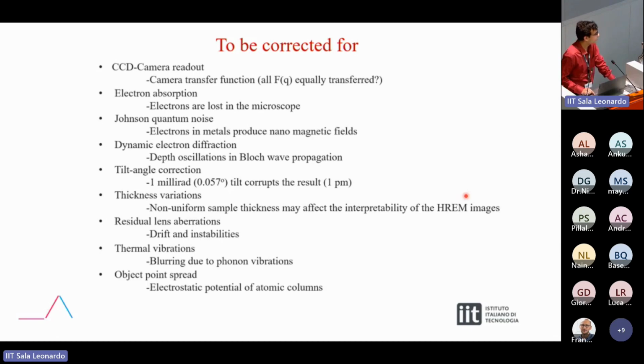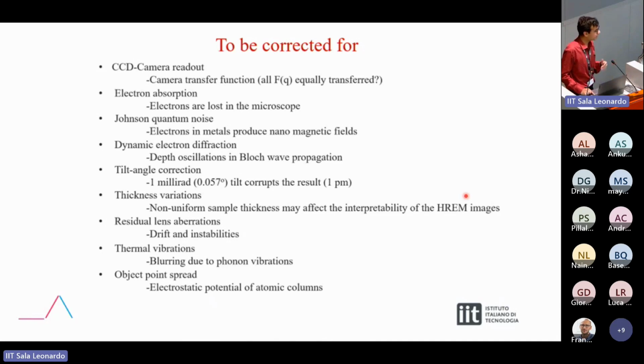Then you have object point spread. We have protons and neutrons in the atom, and electrons surrounding the atom. The electrons from your beam are going to get influenced by the local charge of the atom, and they're going to have some spread. That's coming from the electrostatic potential of the atom itself.